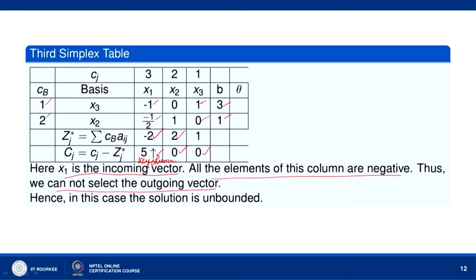So, we divide the elements of the B column by the elements of the key column. So, 3 divided by minus 1 will be minus 3, 1 divided by minus half will be minus 2, okay. So, no positive ratio is there, theta is negative in the first row as well as in the second row. So, we cannot find the outgoing vector and therefore, the solution is unbounded.